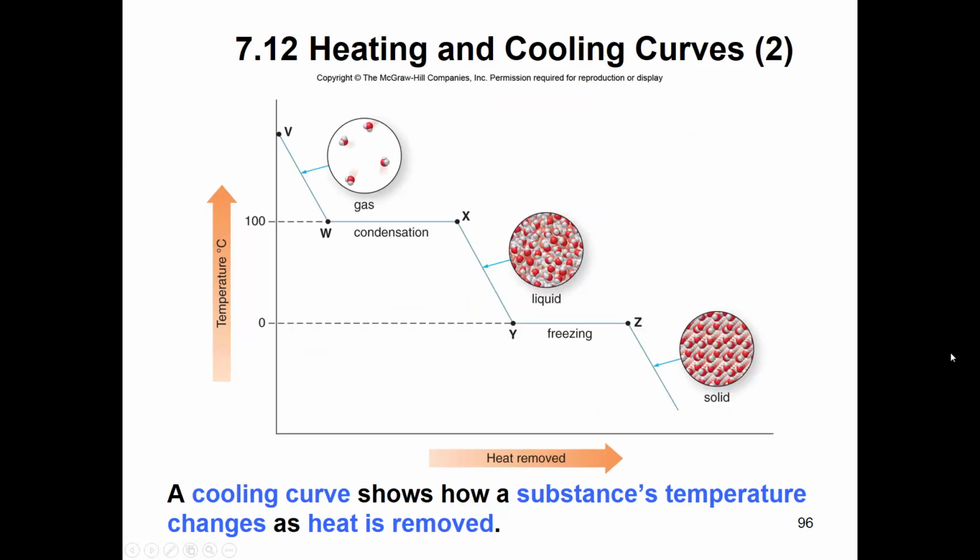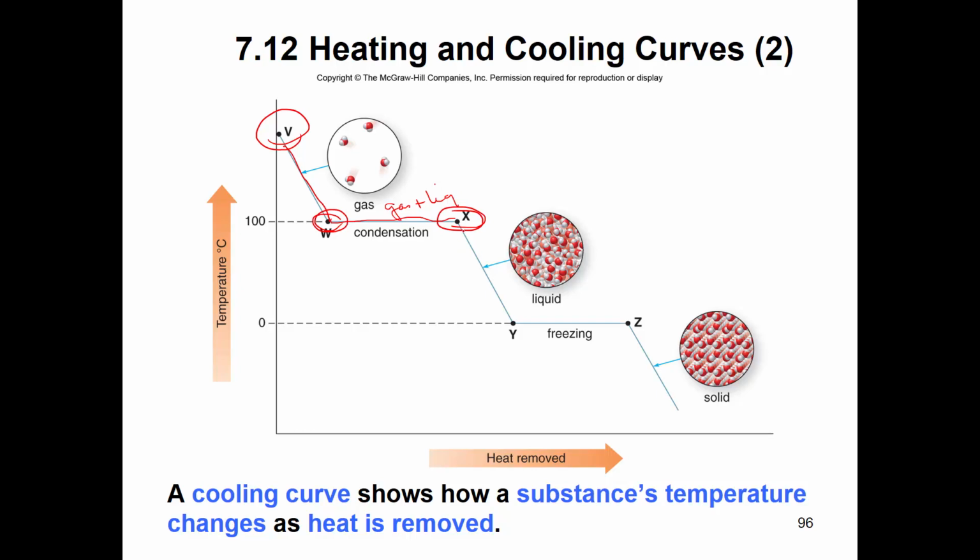As you might imagine, a cooling curve is basically the opposite of what we just saw. In a cooling curve, we're going to go from a gas, a vapor, until I cool it down to 100 degrees. And then it's going to condense, and I'm going to have gas plus liquid until it's all gone.